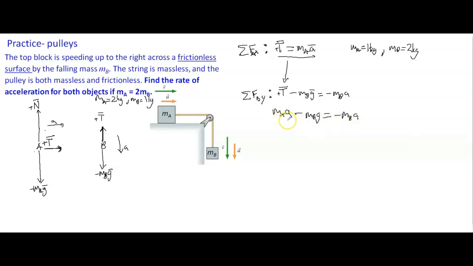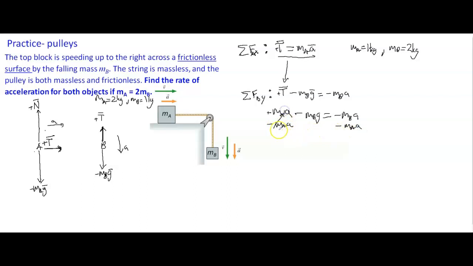Okay. Now I'm going to bring this to the right hand side. It's plus over here, so I bring it onto the right hand part of the equation, so I have to subtract it from both sides.